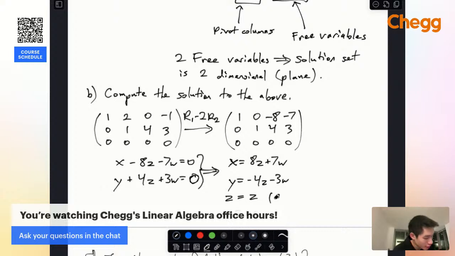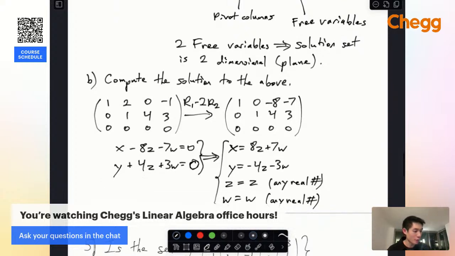So this indicates any real number. And then you can either be done here. So this is what's called a parametric form of the solution.